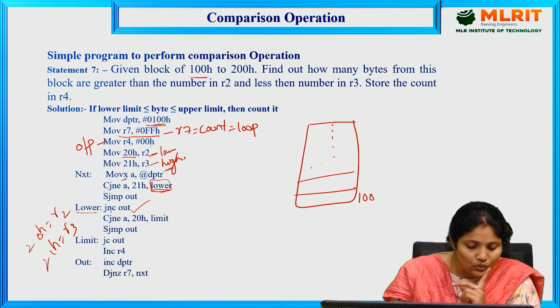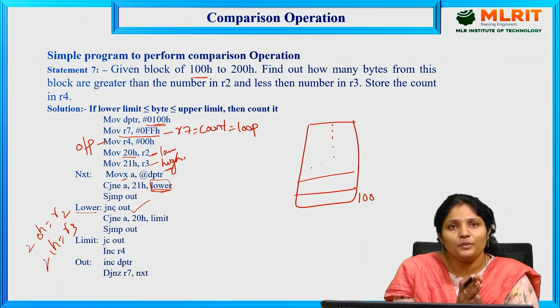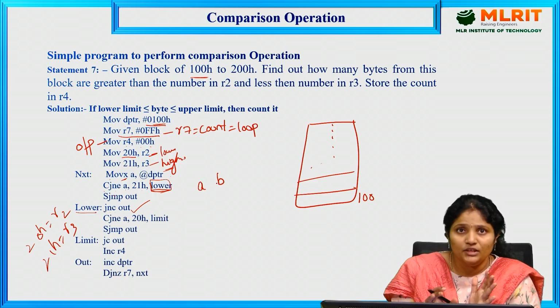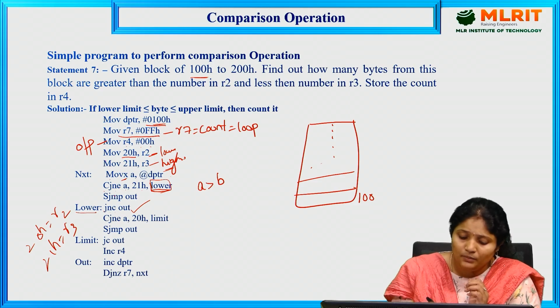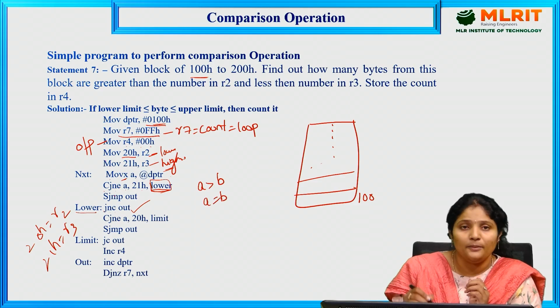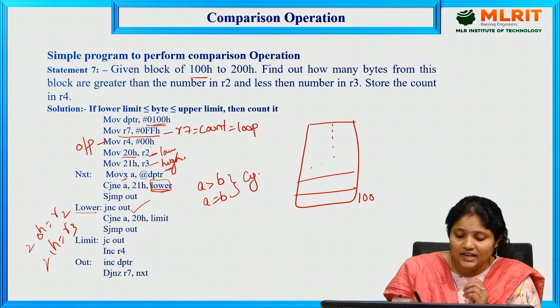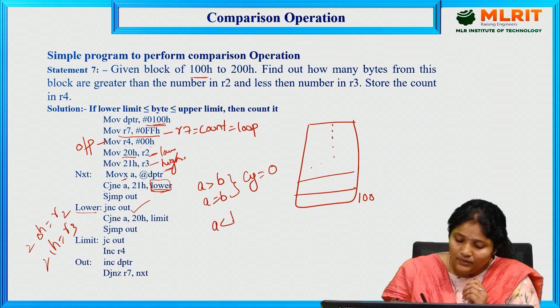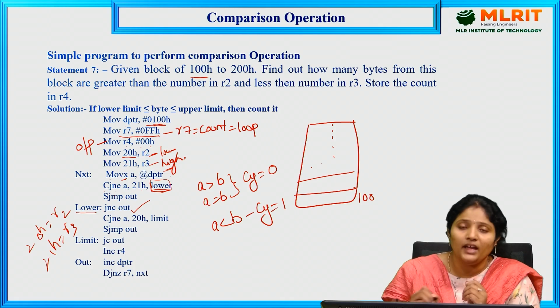Jump if no carry. See, when comparison operations are going on between A and B, if A is greater than B or A is equal to B, in both conditions the carry flag will be 0. If A is less than B, only then will the carry flag be set.